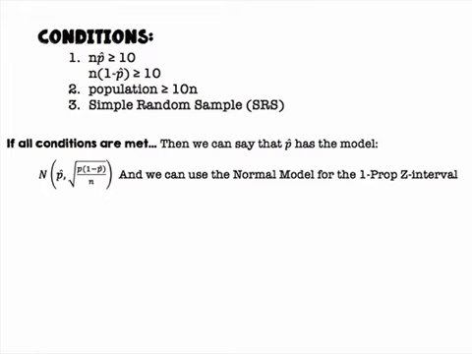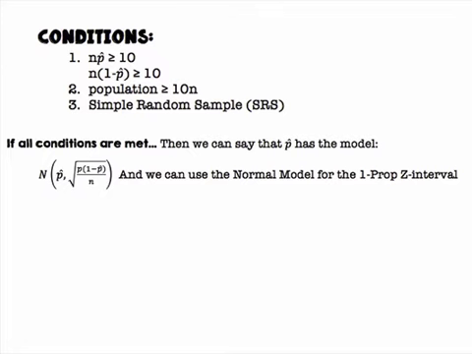Okay. The conditions you're going to check are: n times p hat has to be greater than or equal to 10, and n times 1 minus p hat has to be greater than or equal to 10. My population has to be greater than or equal to 10 times the sample size, and it has to be a simple random sample, or we have to assume that it's representative of the population.